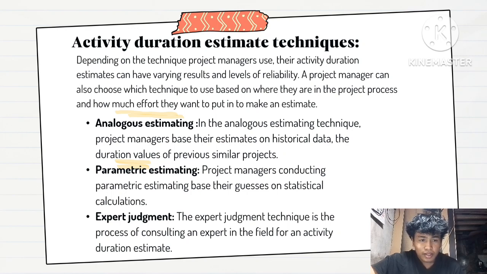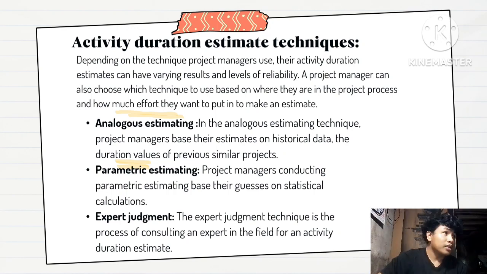A project manager can also choose which technique to use based on where they are in the project process and how much effort they want to put into a statement.